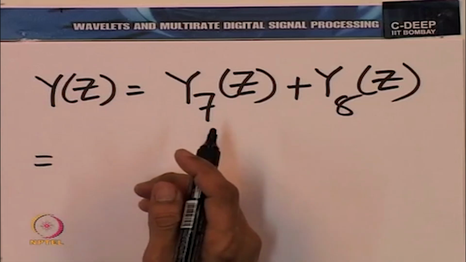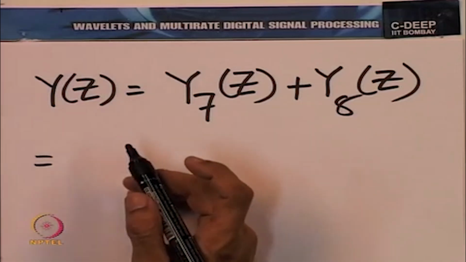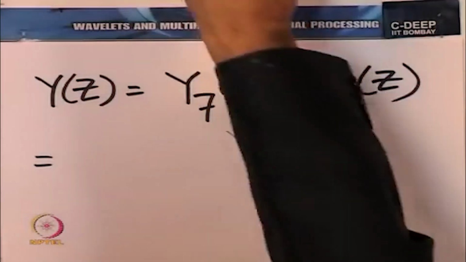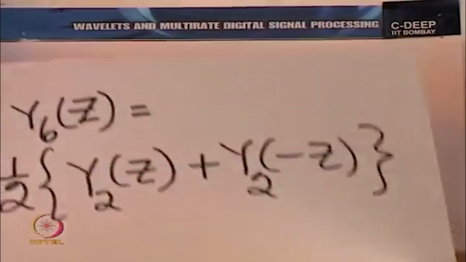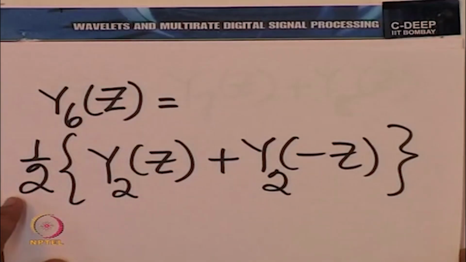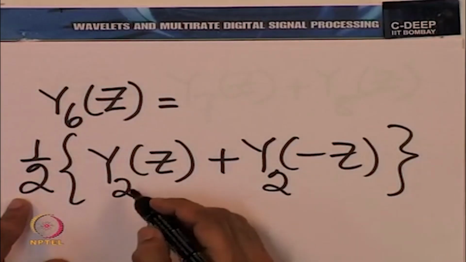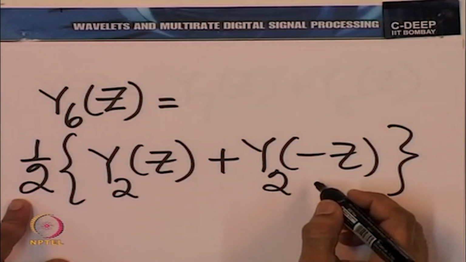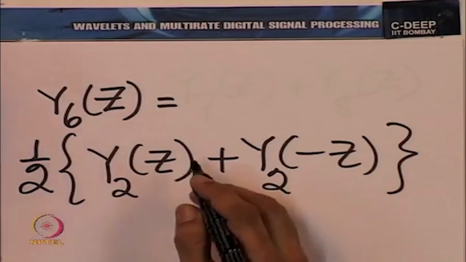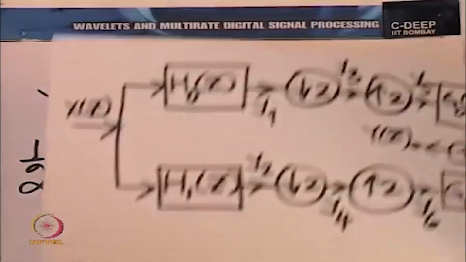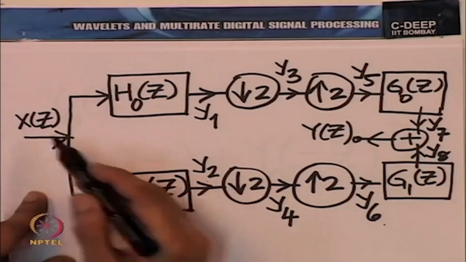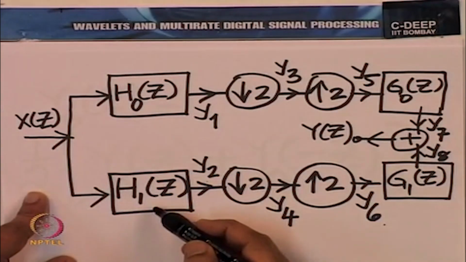let me put before you the expression for Y5 and Y6 once again. So, let us take Y6 as an example. Now, you are going to involve Y2(z) and Y2(-z). Y2(z), if you recall, is X(z) times H1(z) as an example.